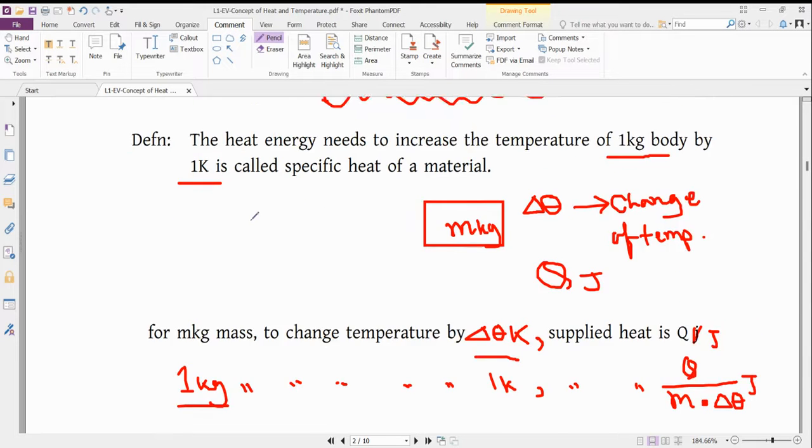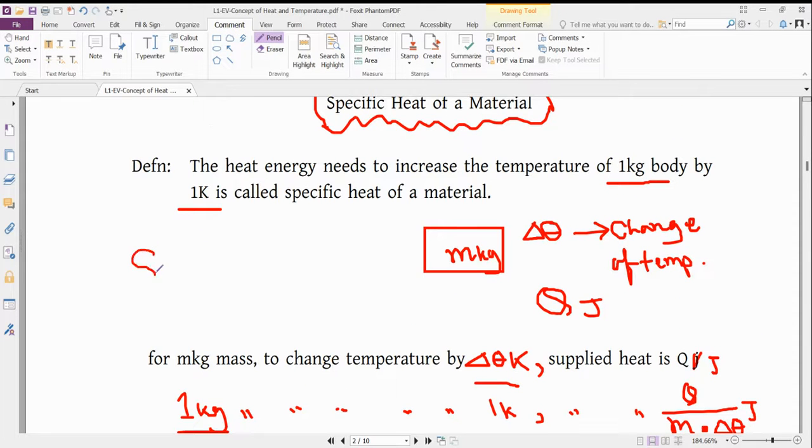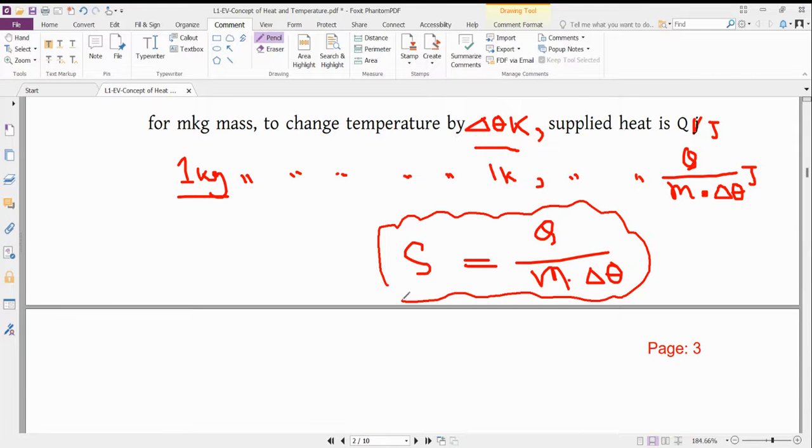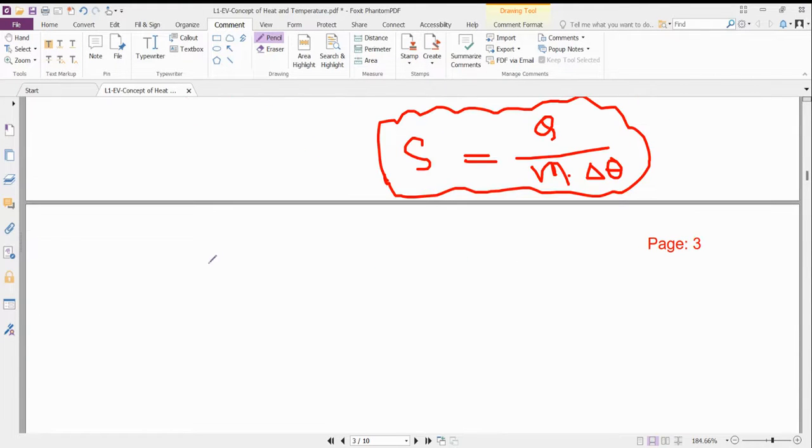And we denote the specific heat by capital S. So now we can write S equals Q divided by m into del theta. This is the equation of specific heat, and by rearranging it, we can write Q equals m s del theta.